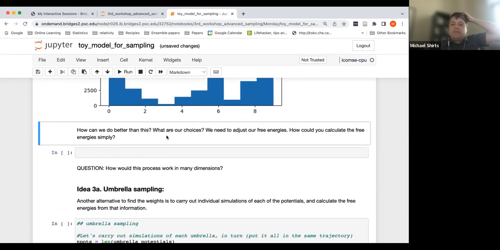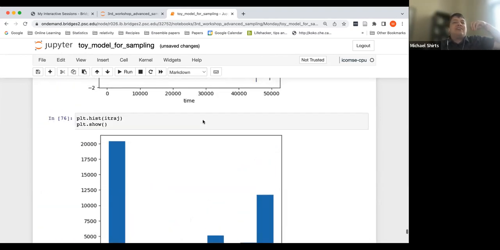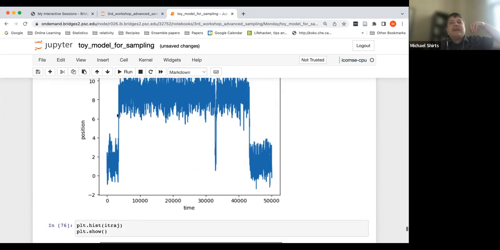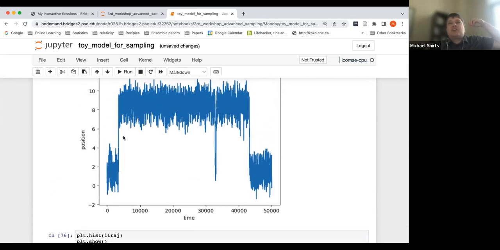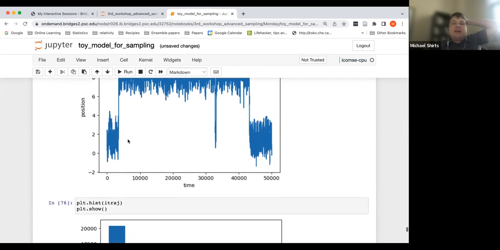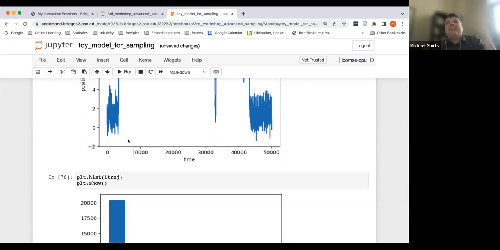How can we make this better? One thing we could do is just wiggle with it: we run it, okay, it doesn't look so good, we need to make some of these other intermediate potentials better. But that's very unsatisfying. You don't just want to fiddle with lots of variables until it works.